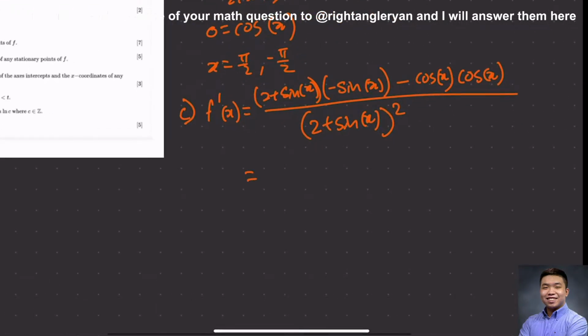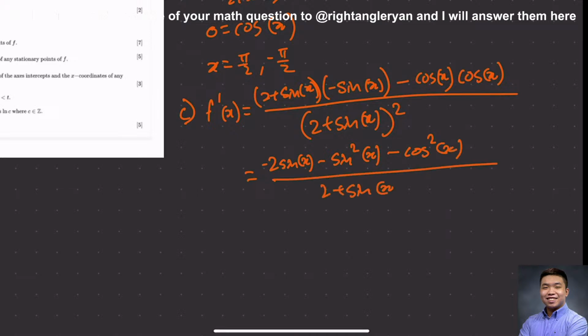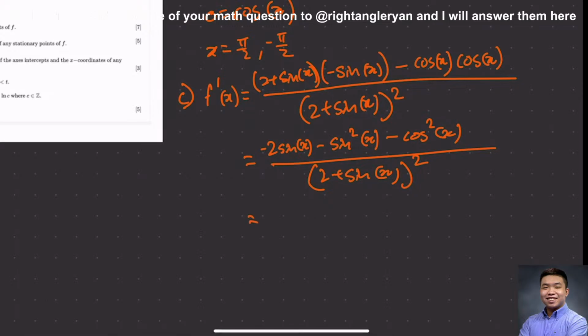Now, the top would be 2 plus sine x times negative sine x, and then minus sine squared x, minus cosine squared x, over 2 plus sine x squared.